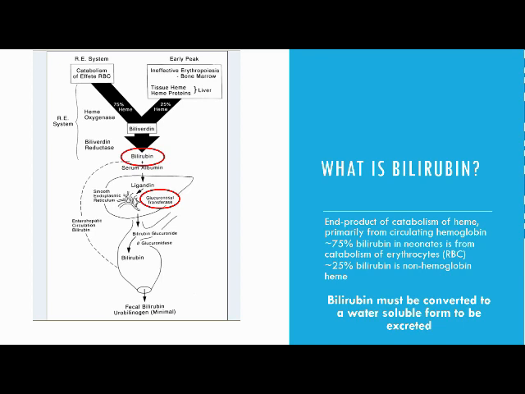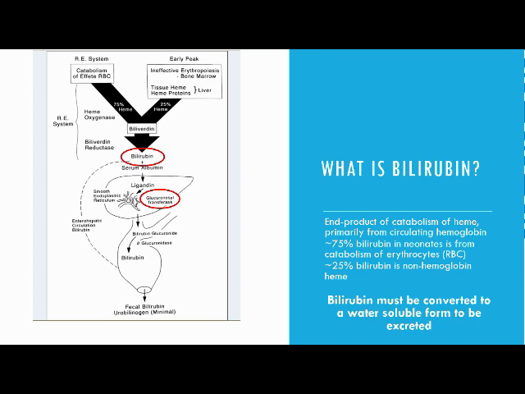And because it's conjugated, it is now water soluble, and that means that the body can get rid of it. So the bilirubin that is conjugated is now, as we keep moving down the diagram, transported via the bile to the small intestine, where it can now be excreted from the body through urine and feces.